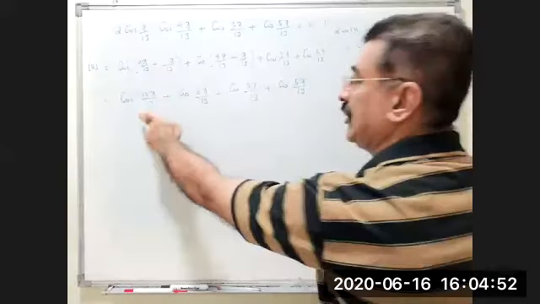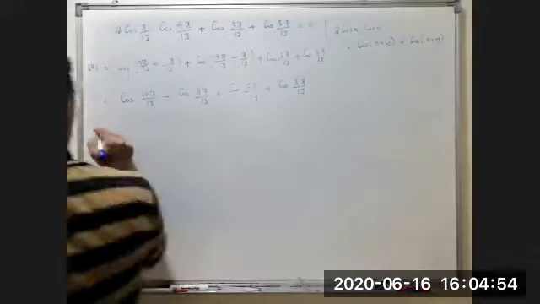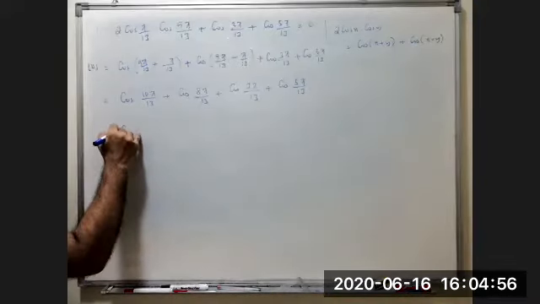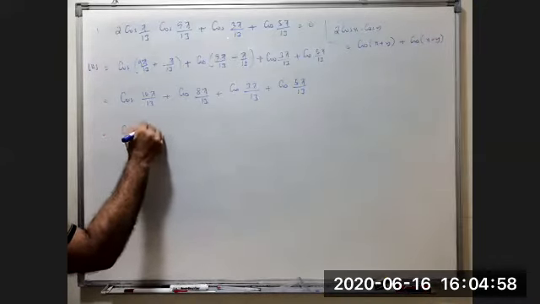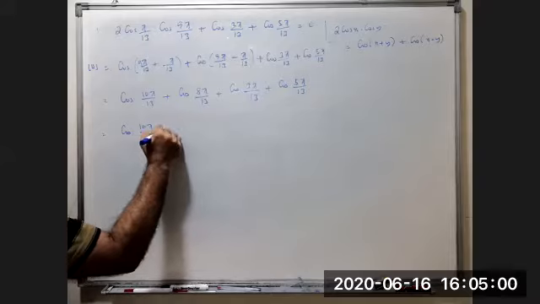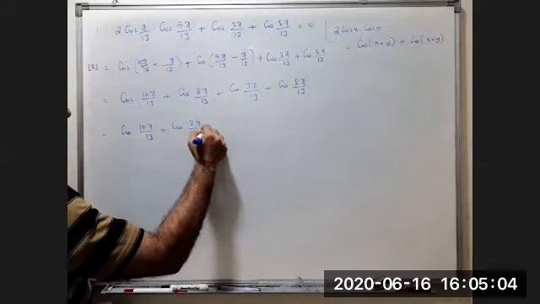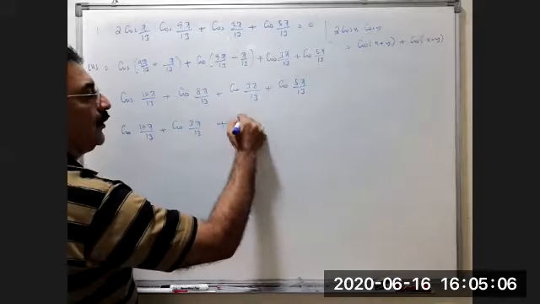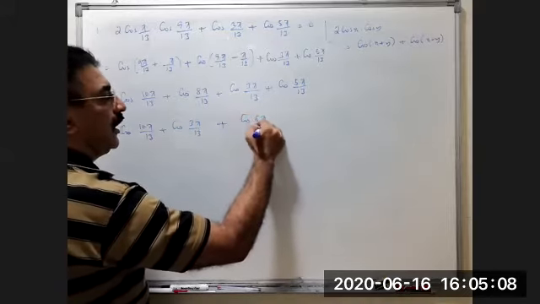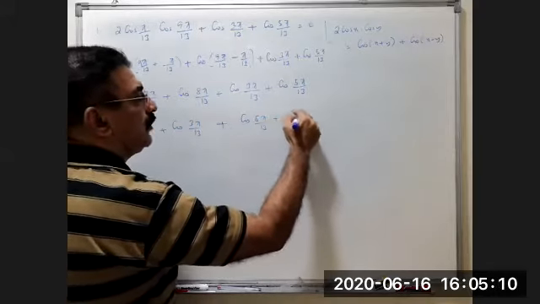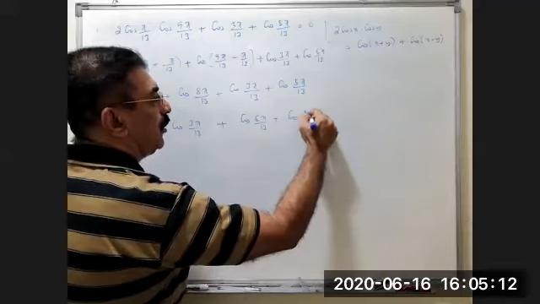So take these two together, and these two together. Group it as cos 10 pi by 13 plus cos 3 pi by 13 together, plus cos 8 pi by 13 plus cos 5 pi by 13.